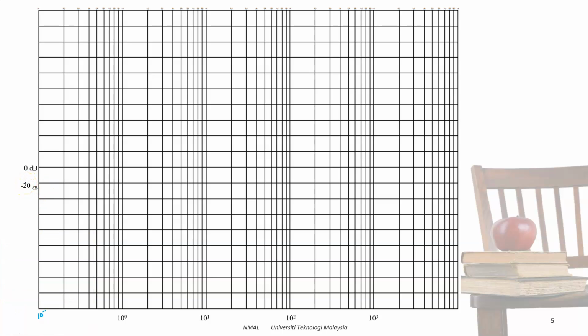I want to label the axis here starting from 0 dB, and this is negative 10 dB, 30 dB, and so on. So you label this, and 20 dB, 40 dB.